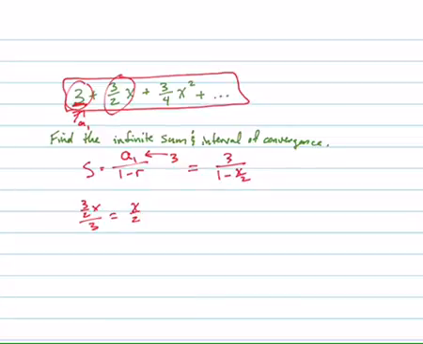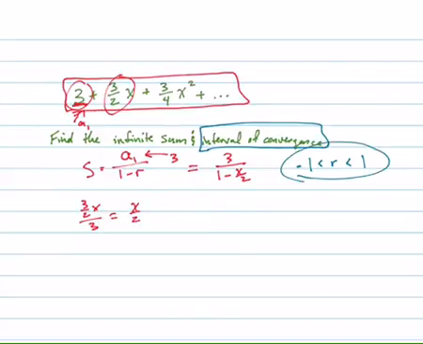Now the question is, what's the interval of convergence for this? Remember that in a geometric series, whenever the ratio is between -1 and 1, that's where it converges. But now the common ratio right here is in the form of x.